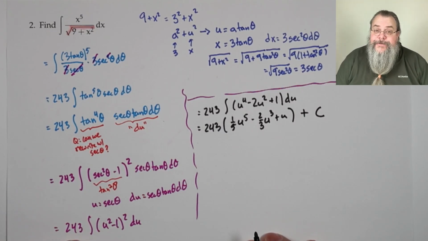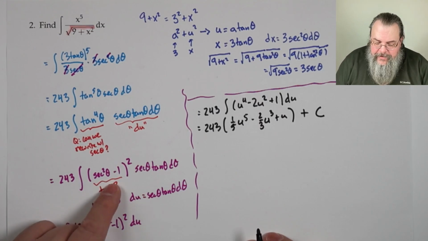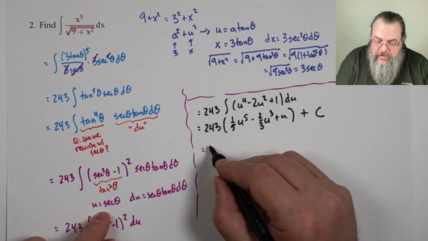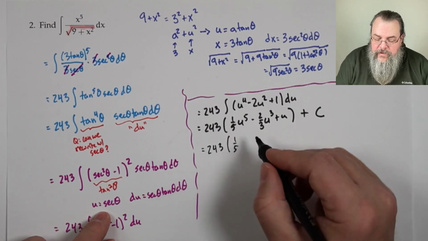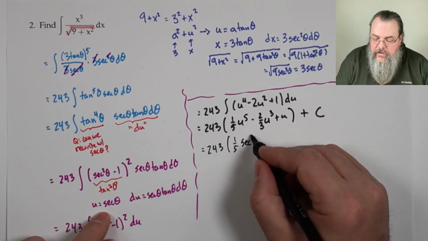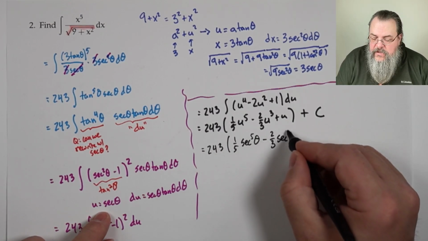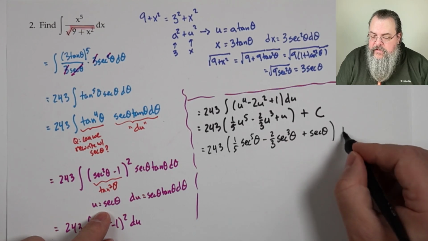All right, are we done? No, because we didn't start with u's, right? We started with thetas. Okay, so we go back to theta. So we know that u is secant theta. So that's 243 times 1/5 secant to the fifth theta minus 2/3 secant cubed theta plus secant theta plus c.